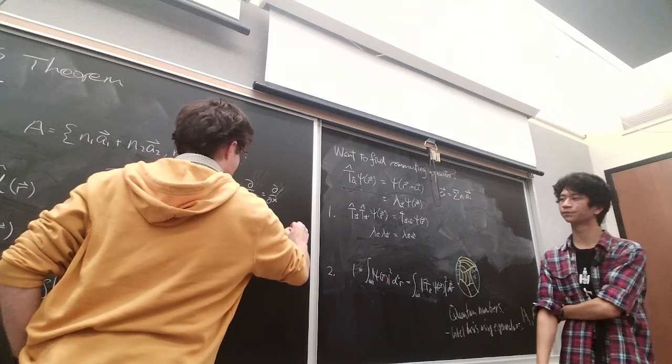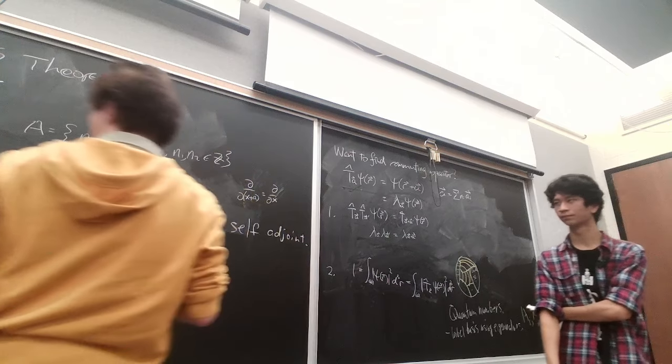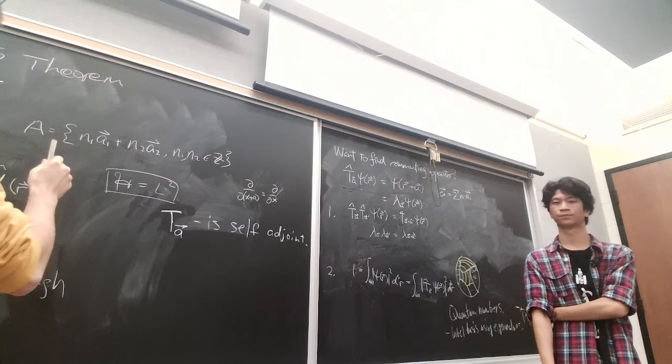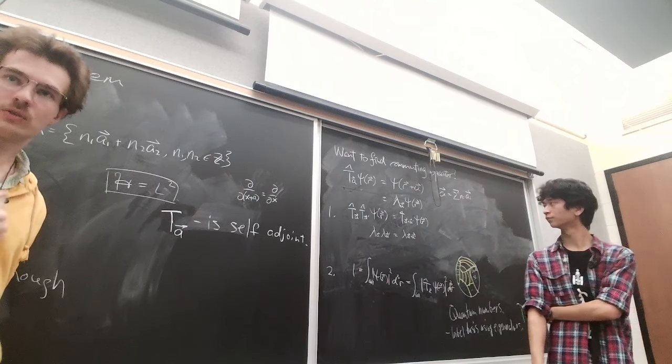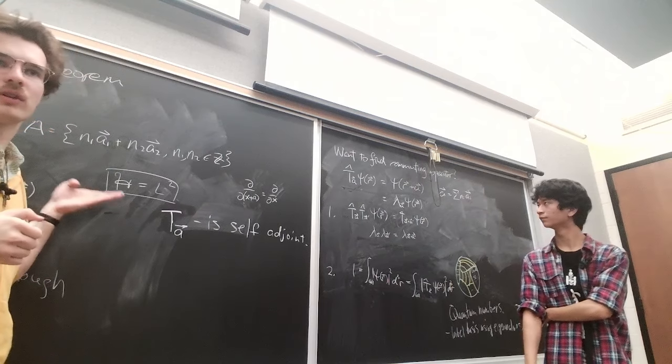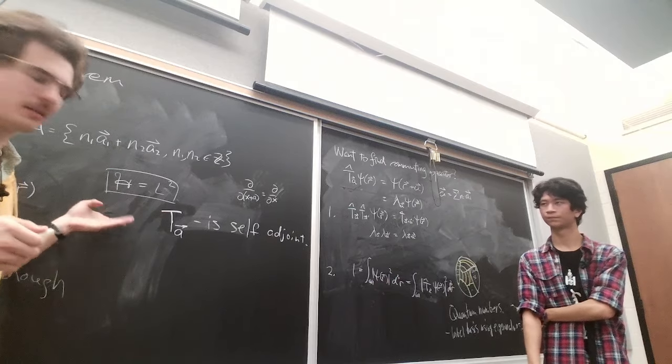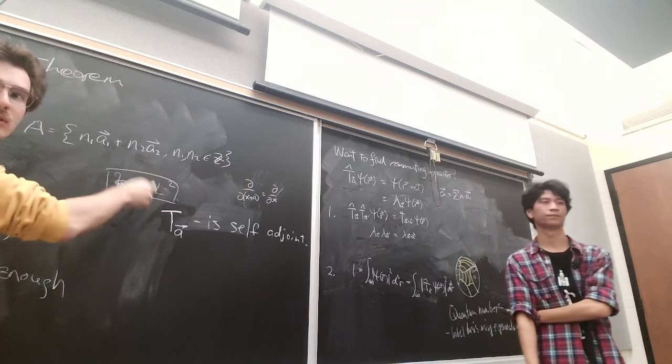And how do we check this? Once again, we're working on the Hilbert space L2. And what is the inner product on L2? I'm going to write the inner product for one dimension, but it's the same for all. Do people remember what the inner product on L2 was?